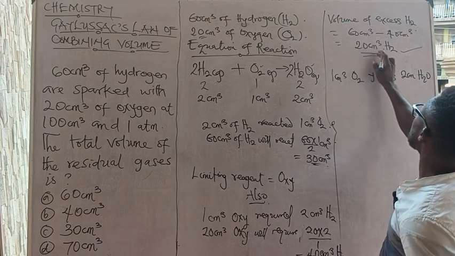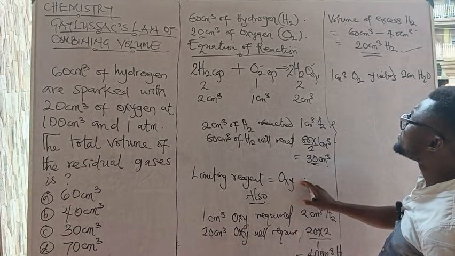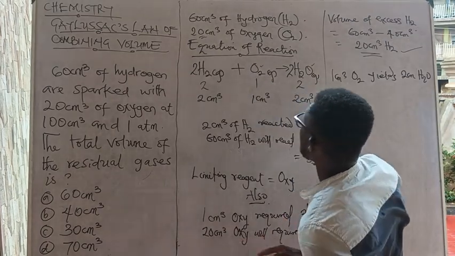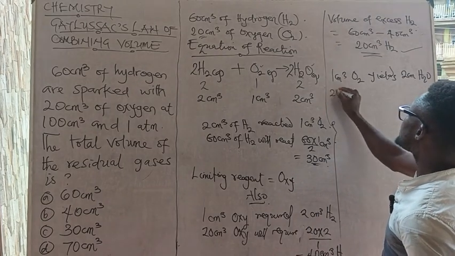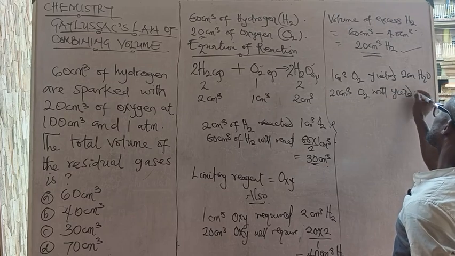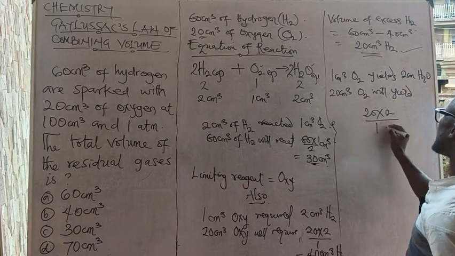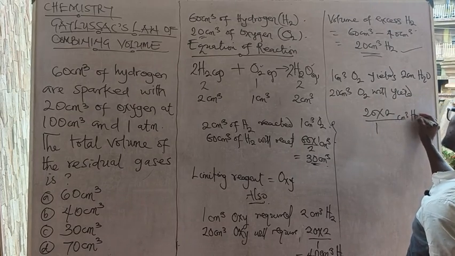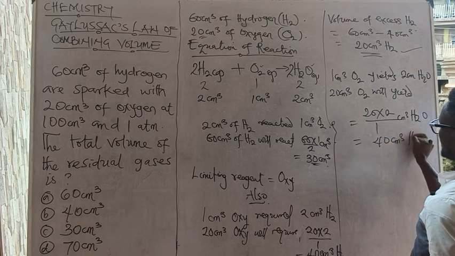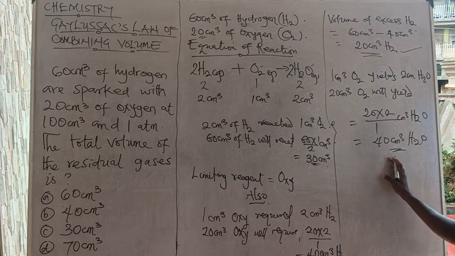Then for oxygen here, 20 cm cube of oxygen was given. So 20 cm cube of oxygen will yield 20 times 2 divided by 1, which is 40 cm cube of steam. So this is the volume of steam that will be produced.